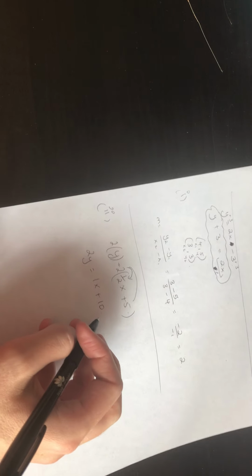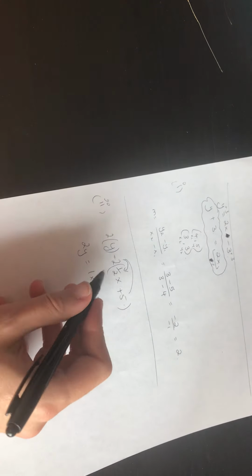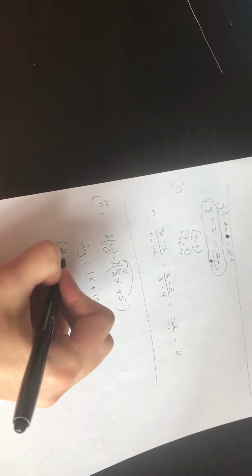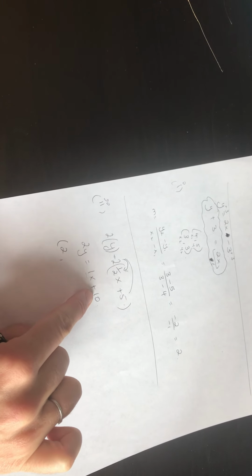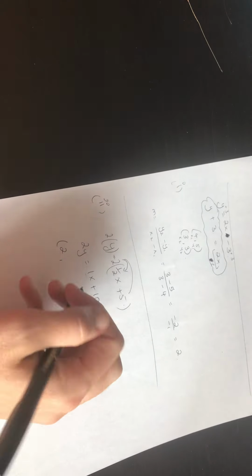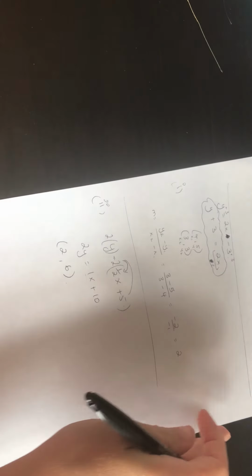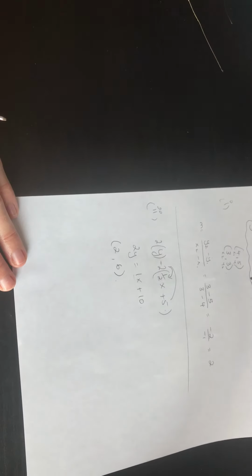If x was a 2, let's say. So if x is 2, then over here you'd have 1 times 2 plus 10, that's 12. So this would be a 6. (2, 6) is a point on that line. Why do I want a point on that line? I've asked you to find the slope of the line.